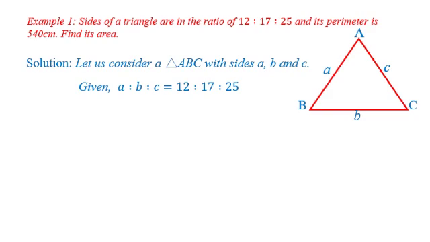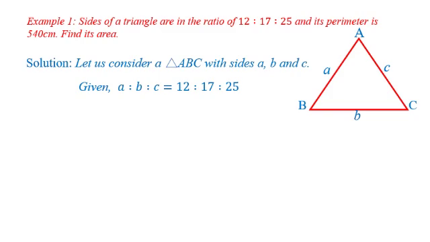Now these 12, 17, and 25 are not the actual lengths of the sides of the given triangle. So in order to find the sides, we are going to associate a variable with it.